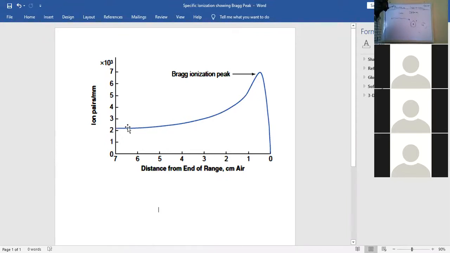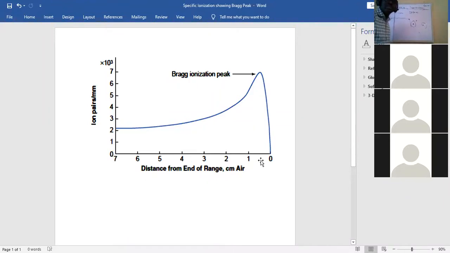There wouldn't be so much damage because you just have very few particles that have been let loose inside the body, maybe electrons and alpha particles and so on, till it gets here. If you want to treat maybe 1 centimeter of tissue, no, this is the distance from the end.